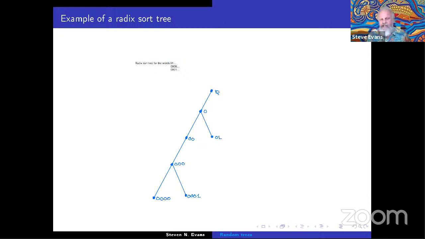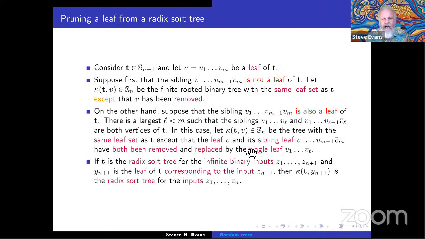Well, that's obviously going to remove one of the leaves. And so we're going to need to understand how that transforms the tree. We're going to call that procedure pruning.